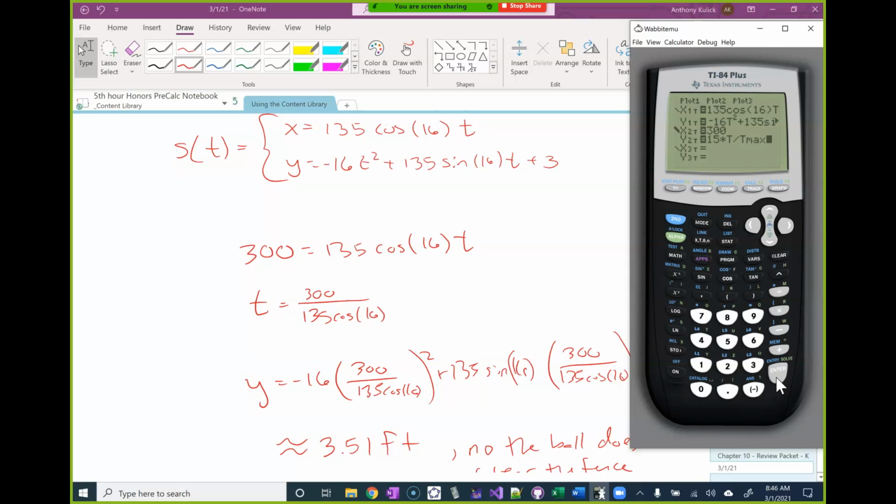All right. Now we'll set our window here. So I don't know how long it's going to take for that ball to go 300 feet.